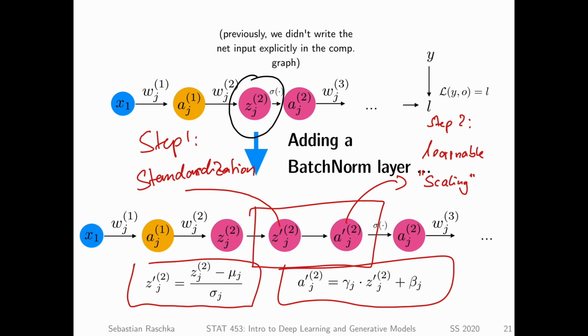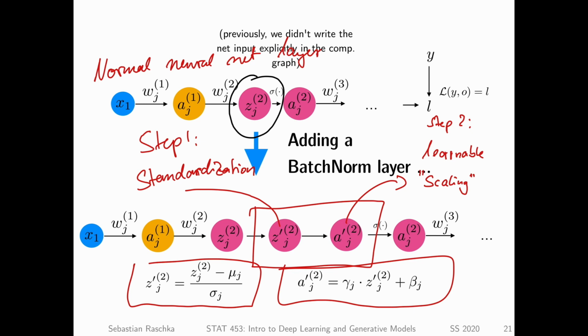Okay, so what I was just doing is writing things step by step. This is a normal neural net layer, but I'm only showing you one path.